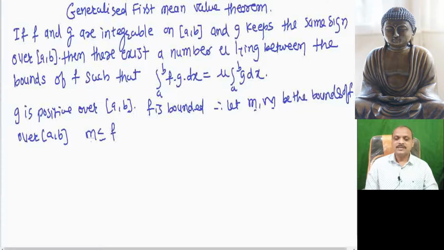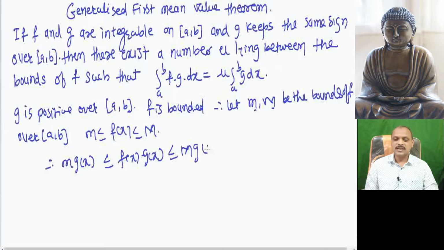Then m is less than or equal to f of x, which is less than or equal to capital M. Then we can multiply this throughout by g. Therefore, m times g of x is less than or equal to f of x times g of x, which is less than or equal to capital M times g of x.